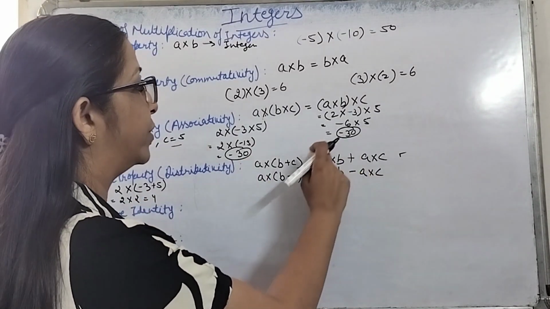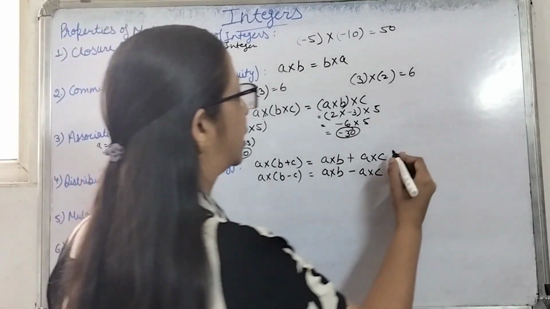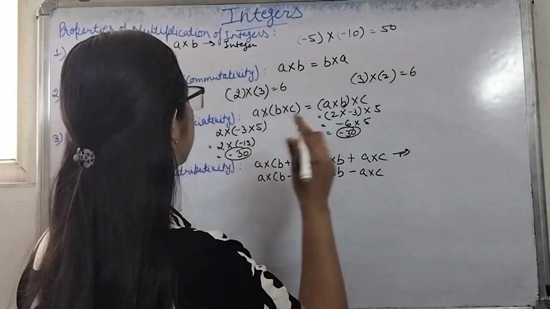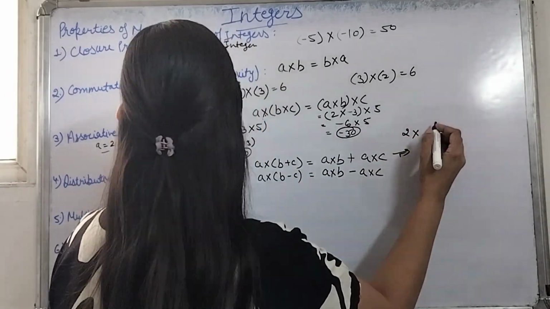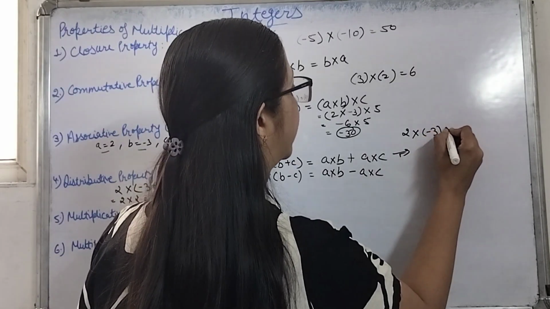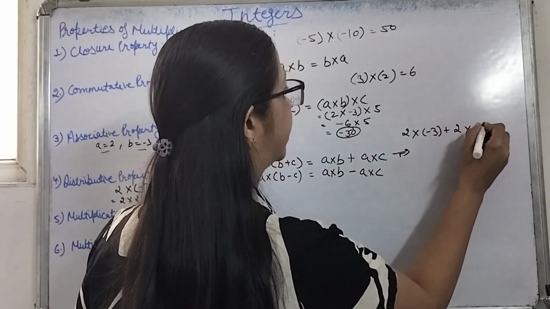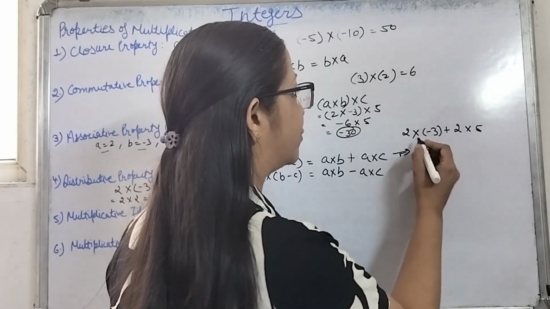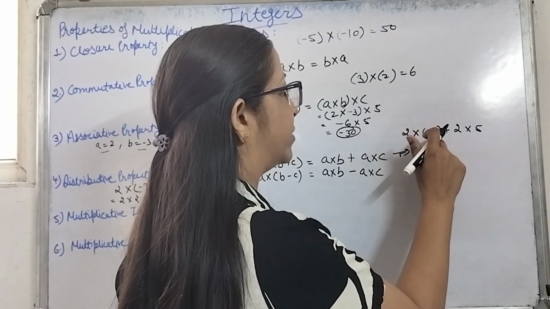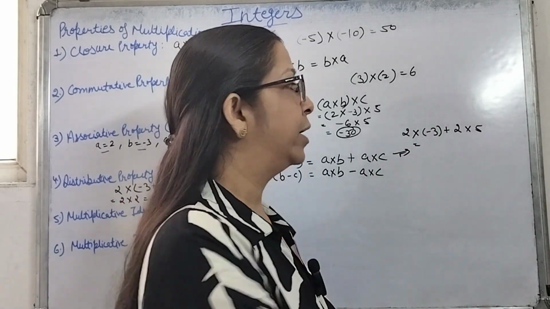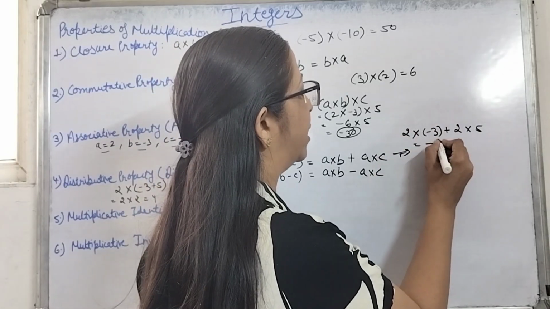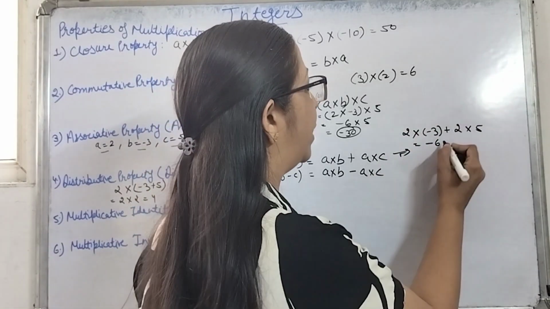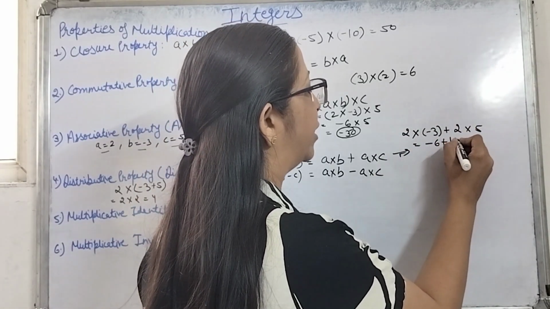Now if we solve its RHS part, what will the value be? a is 2 multiplied by b is minus 3 plus 2 multiplied by c is 5. So 2 multiplied by minus 3 will be minus 6. One number is positive, another number is negative, so we multiply these two and the product will be minus 6. Plus 2 multiplied by 5 will be 10.